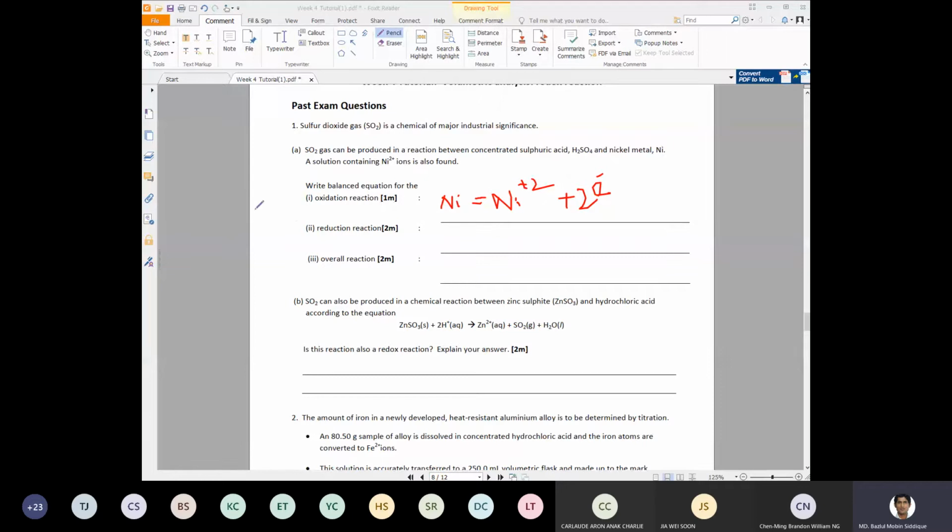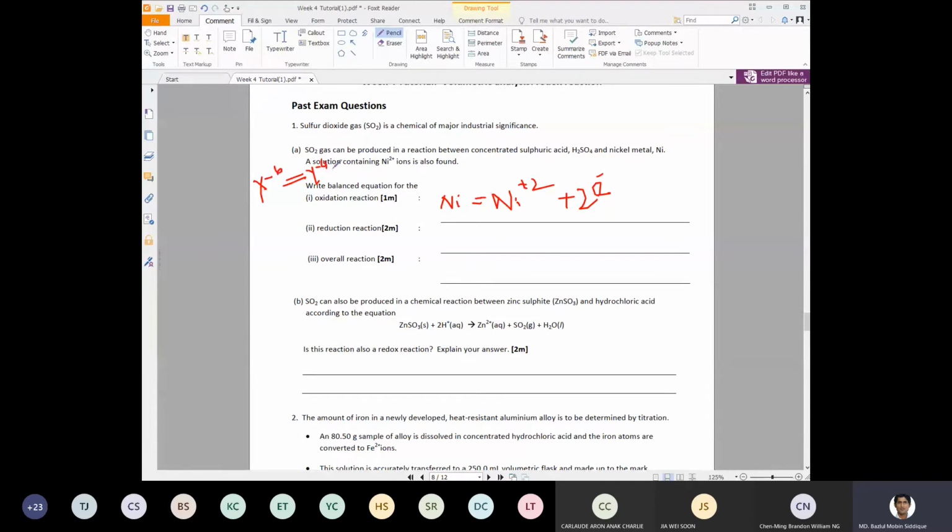Or let's say for some compound X or Y, it was negative 6, and from here it becomes negative 4. The oxidation state is still increasing, from negative 6, which is very low, to higher.